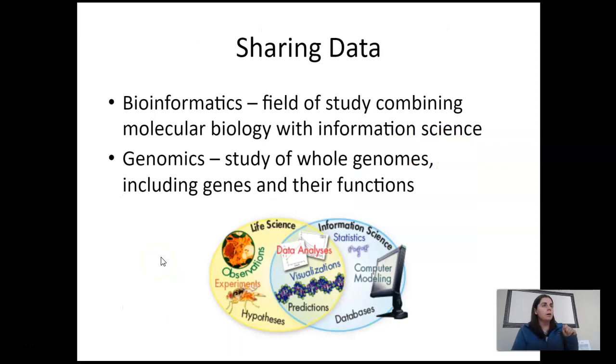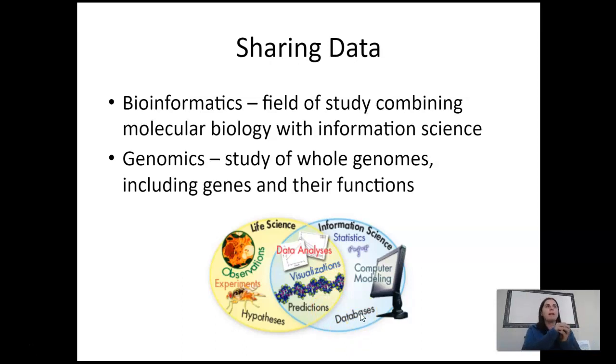Okay, sharing data. Let's look at this Venn diagram. You're going to want to copy this down onto your blank one that's on your paper. You can see my example one here. We have 2 different things that merge together.